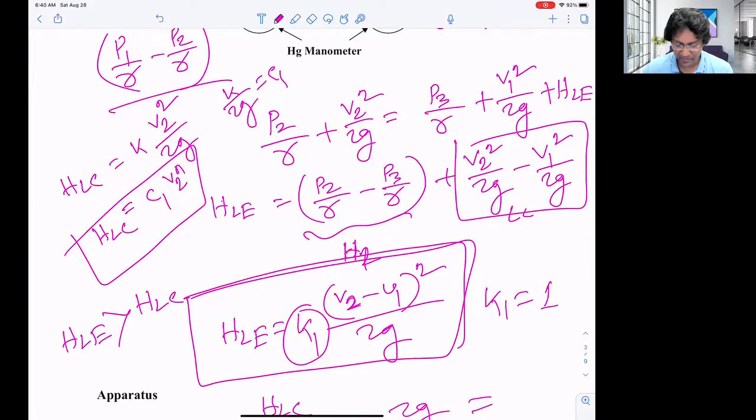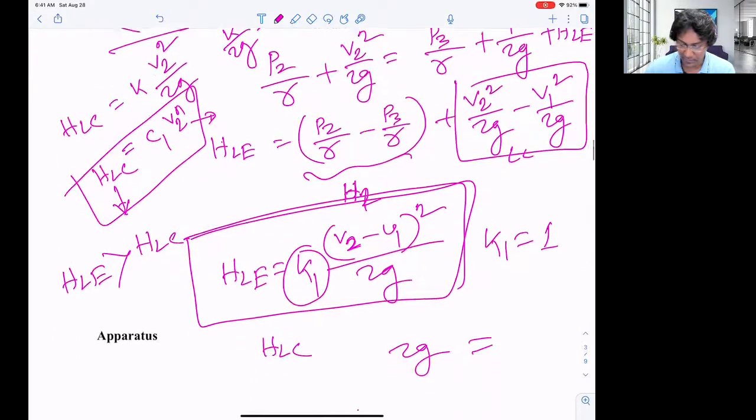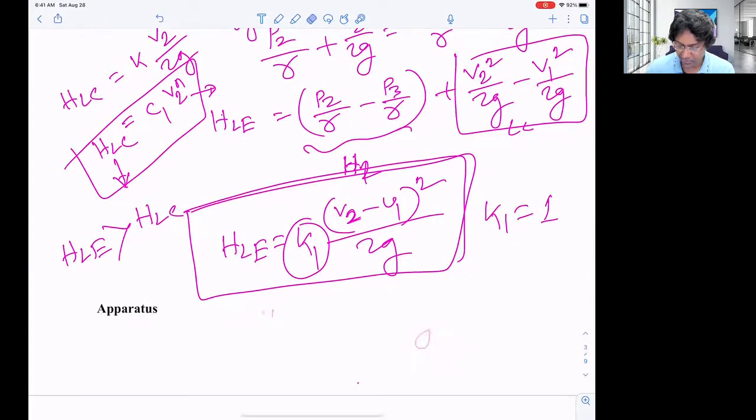So we'll calculate the value of n and C1 as before, from log graph paper, because if we have several values of head loss due to sudden contraction for different flow conditions and several velocities V2, then we can plot it and calculate as before. So similarly we can do the same thing for expansion as well.